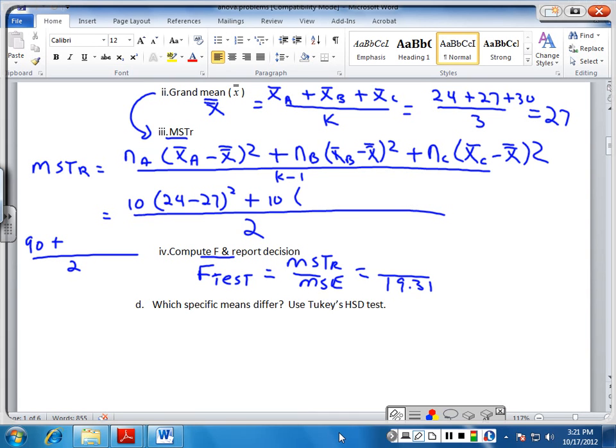I told you Anova was a large topic, and that actually does lead to some changes in the formulas and so on. But we're just going to get the basic idea of a one-way Anova. And the simplest case is when you have equal sample sizes.